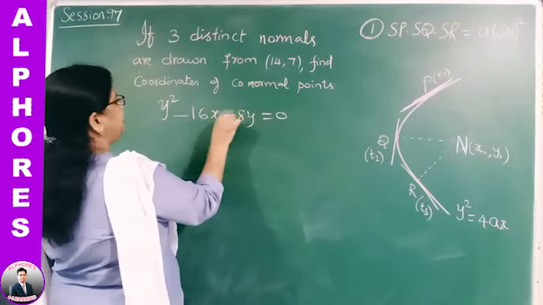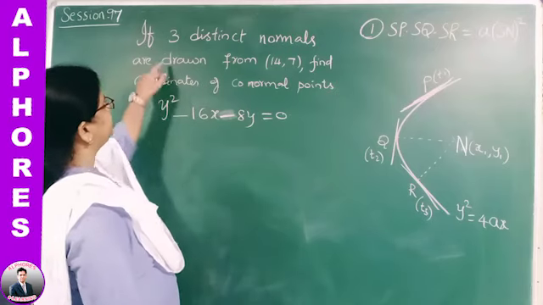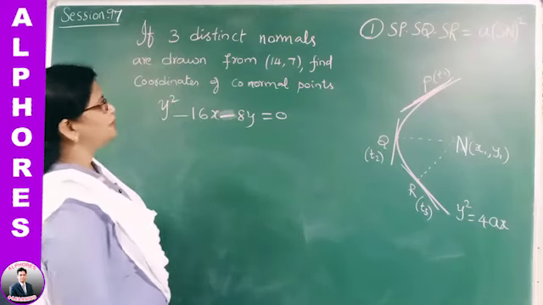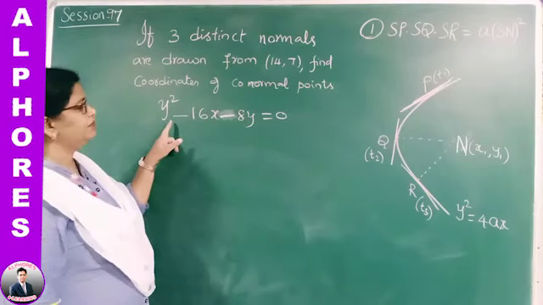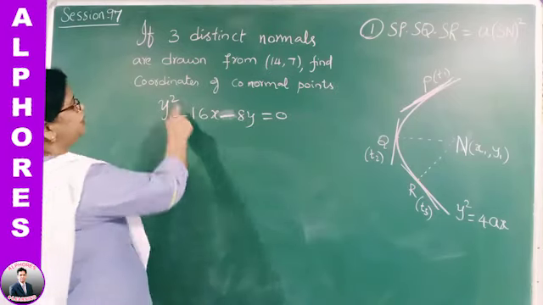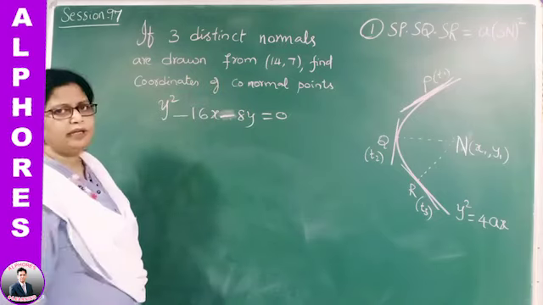So for this parabola, students, if they ask about three distinct normals drawn from the point 14 comma 7, the question is: what are the coordinates of the co-normal points?